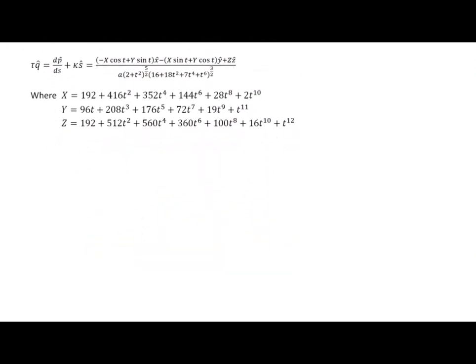Okay, we're almost done here. What we've got now is a vector represented by this product. So we need to split these out and find out what each of these individual components are. Well, tau is simply the magnitude of our vector. So to find the magnitude of any vector, you take its dot product with itself and then take the square root of that.